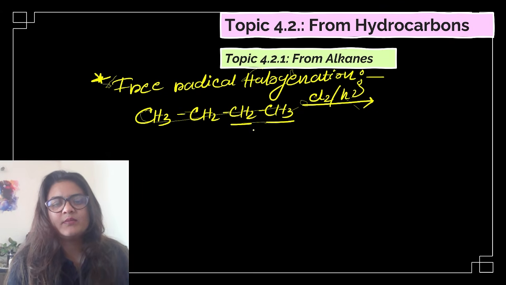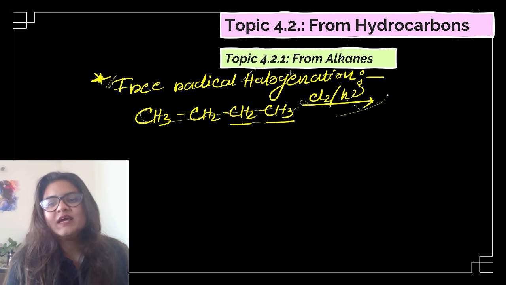But chlorination can occur in this carbon as well as in this carbon. We are having two types of carbon here, right? Now we have to decide in which carbon the chlorinated product will be the major one. This free radical reaction will proceed through a carbon radical intermediate, so you have to check in which case the radical will be stabilized.